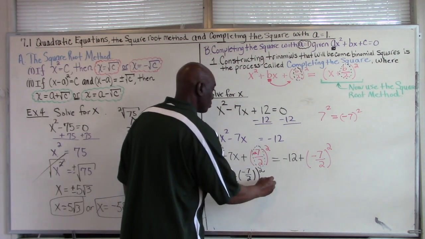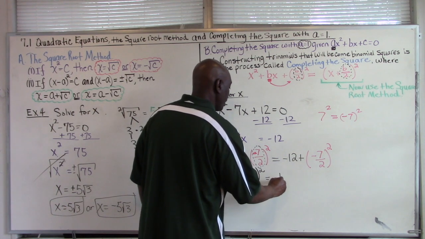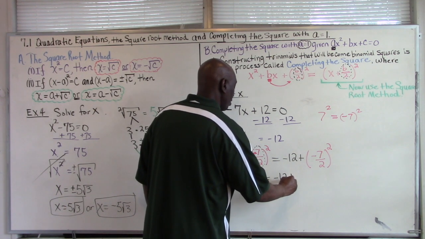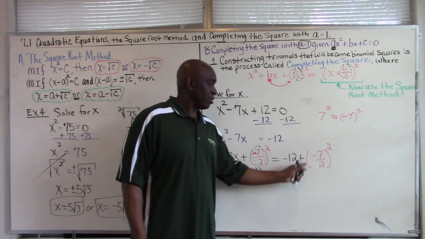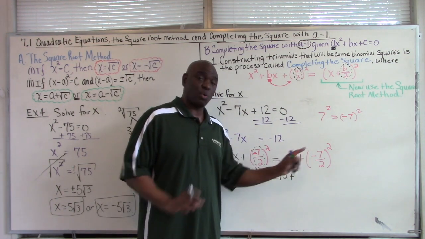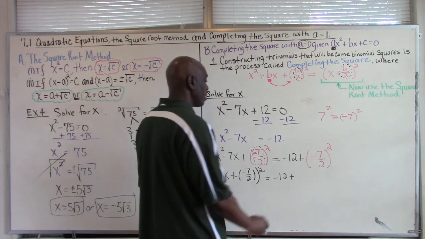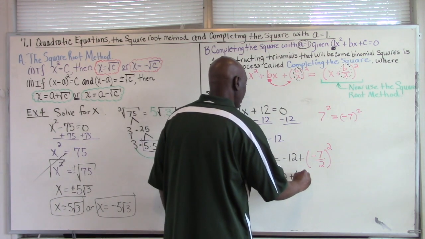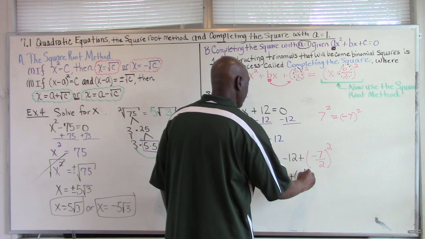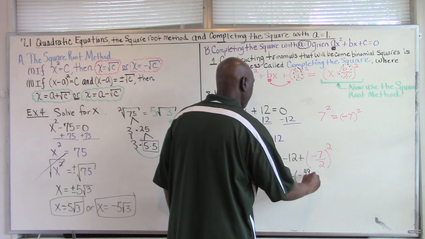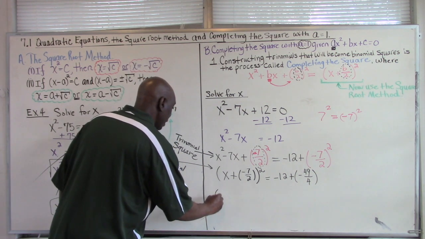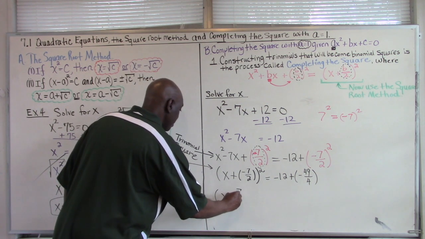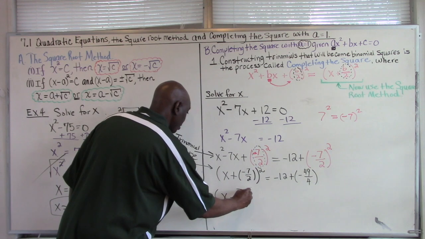And that equals negative 12 plus, okay, now we have work to do. We need to know what negative 7 divided by 2, that quantity squared, is. All right, that's going to be plus a negative 49 over 4. All right, so let's go back over here. So that's going to be x minus 7 divided by 2 quantity squared.